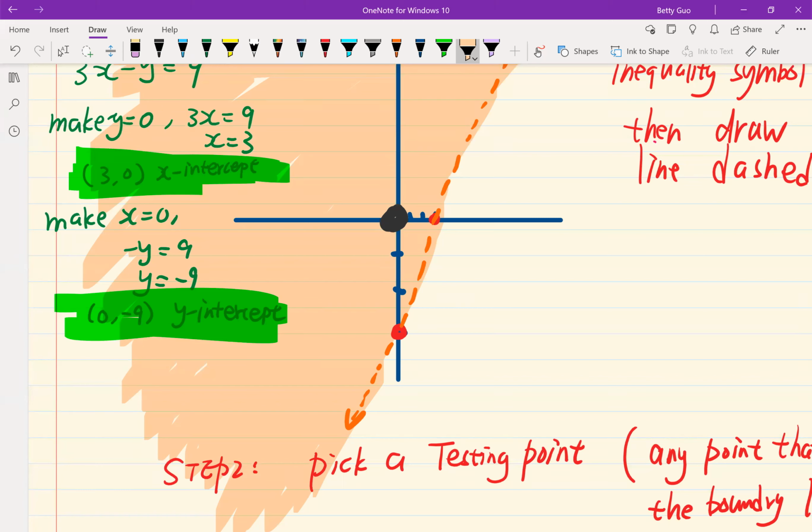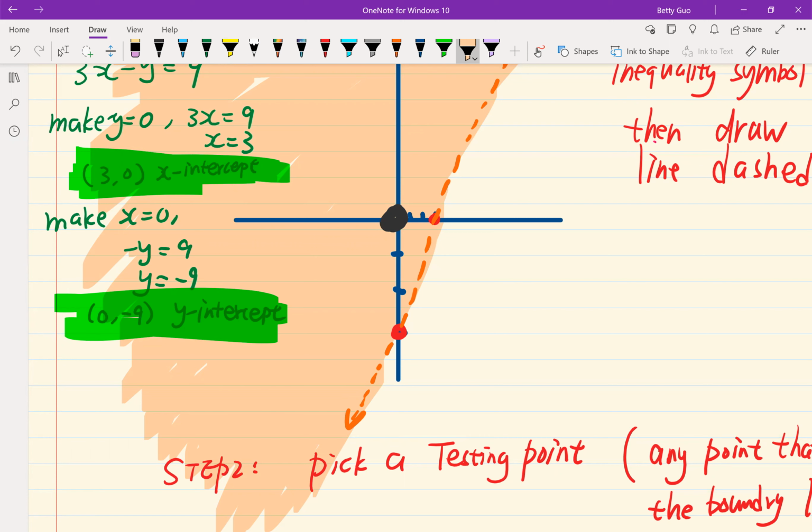We draw the boundary line dashed to display the fact that the points on the boundary are not solutions. Do you see what I'm talking about? They do not belong to the solution set, because the inequality is strictly less than. Does that make sense?